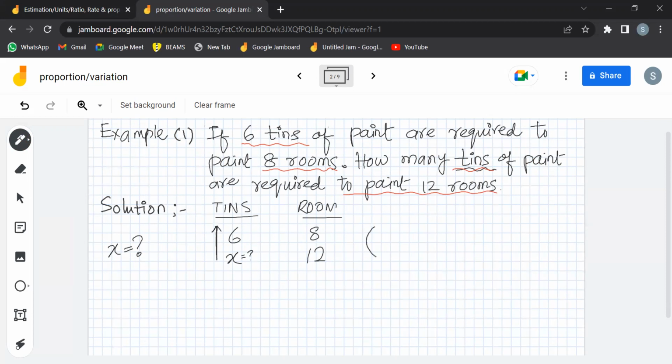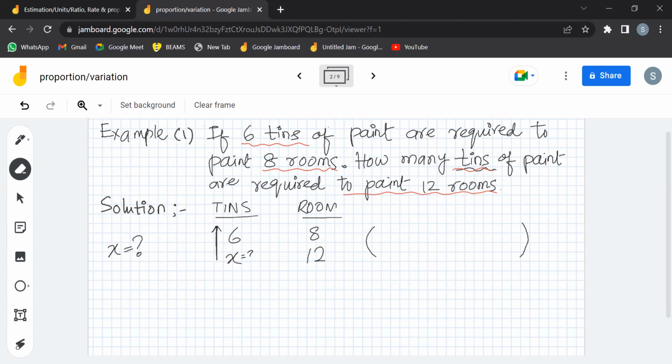Then you need to decide which proportion this is, direct or inverse. If the proportion is direct, then the arrow for these two numbers will be in the same direction as before. And if it is inverse proportion, it will be in the opposite direction. So just think: for 8 rooms, 6 tins are enough. If we have more rooms, obviously we need more tins.